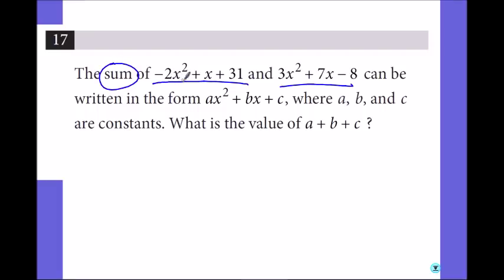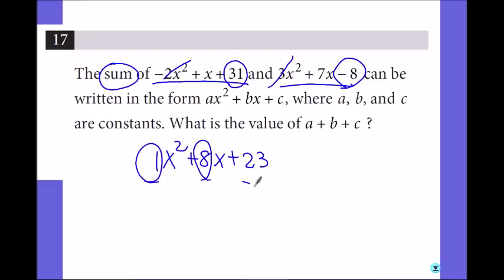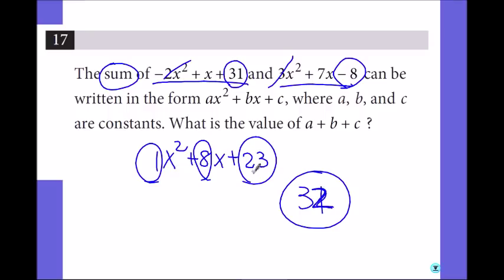Negative 2x squared plus 3x squared is just 1x squared. x plus 7x is 8x. 31 minus 8 is plus 23. So now you add 1, 8 and 23. 9 plus 23 is 32.